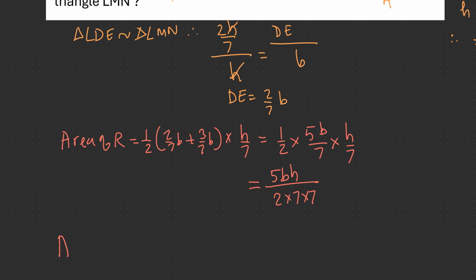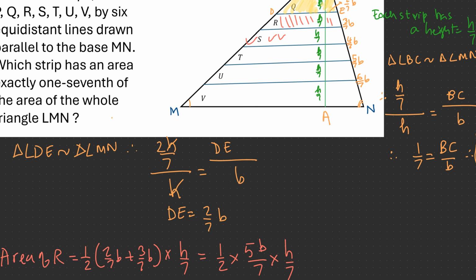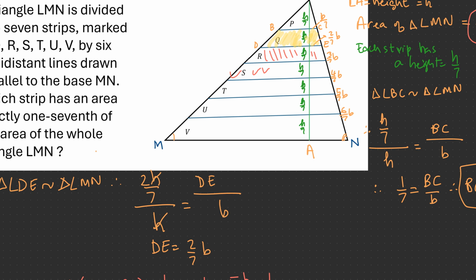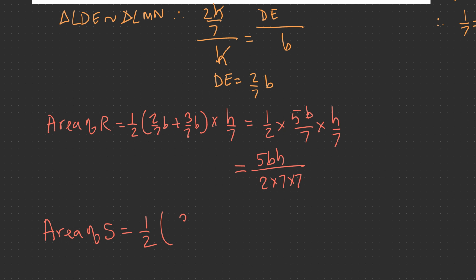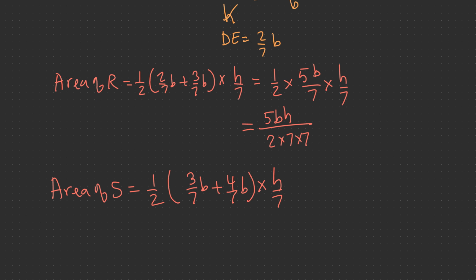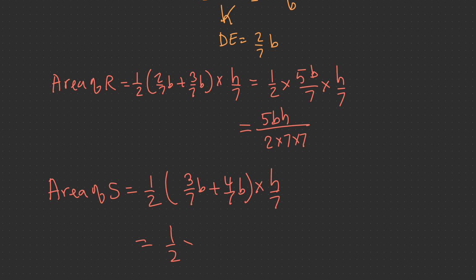So I can write area of S equals half times, I'm going to write 3 over 7 plus 4 over 7B. Okay? Sum of the parallel sides. So 3 over 7B plus 4 over 7B multiplied by h over 7. And that is half times 7 over 7B times h over 7.